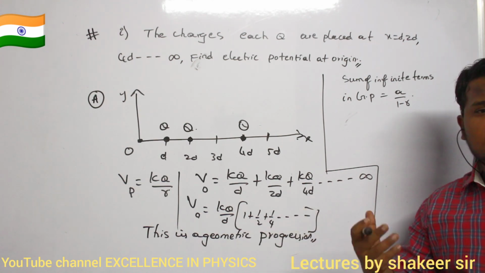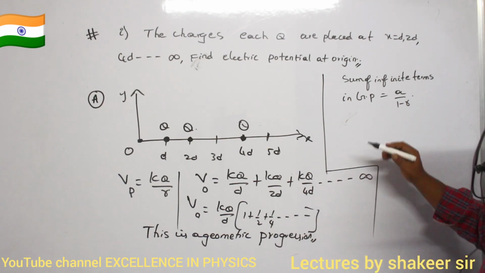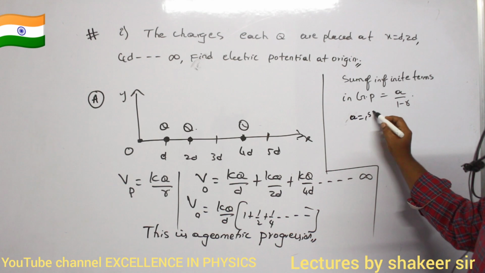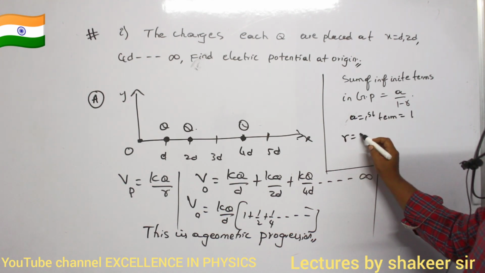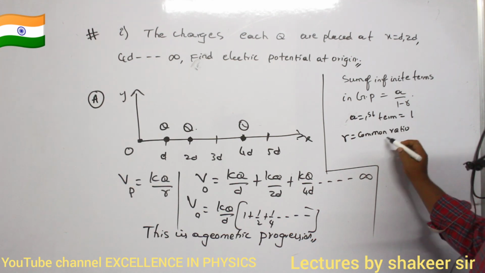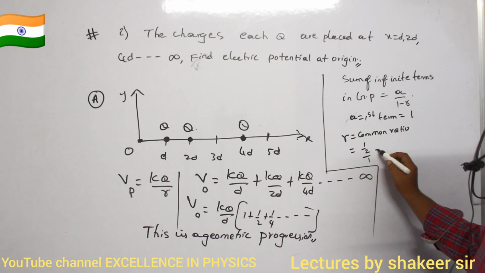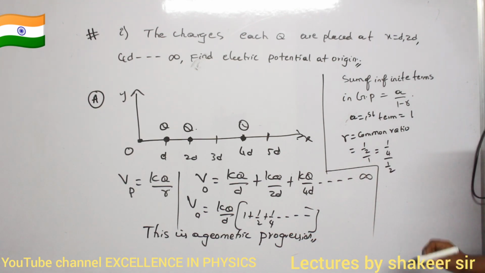And r is the common ratio. What is meant by common ratio? It is 1 by 2 divided by 1, or 1 by 4 divided by 1 by 2. Whatever it may be, it is equal to 1 by 2.